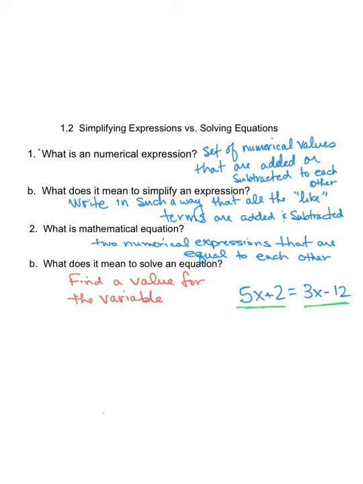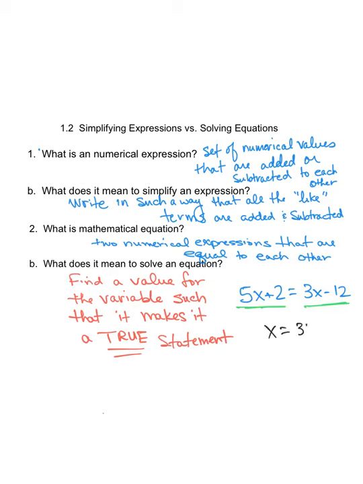So we need to find a value for the variable such that it makes it a true statement. Find the value of the variable such that it makes it a true statement. And that is absolutely correct. You can't just randomly pick a value, you can't just get x by itself.